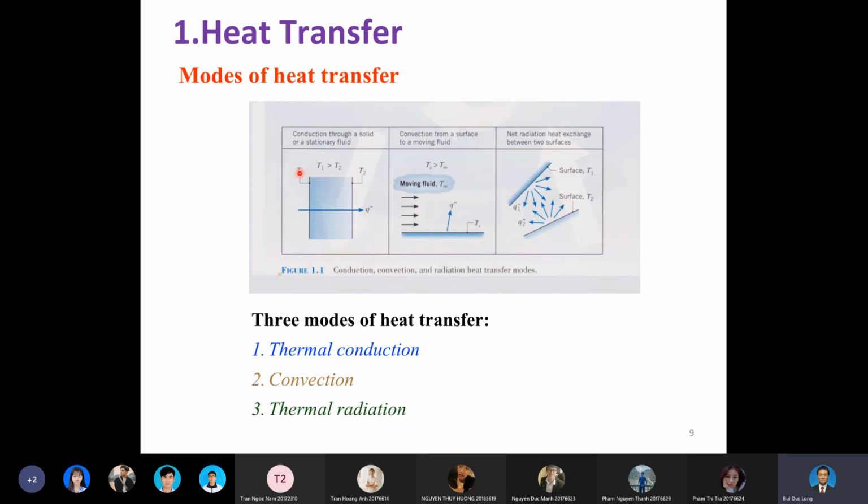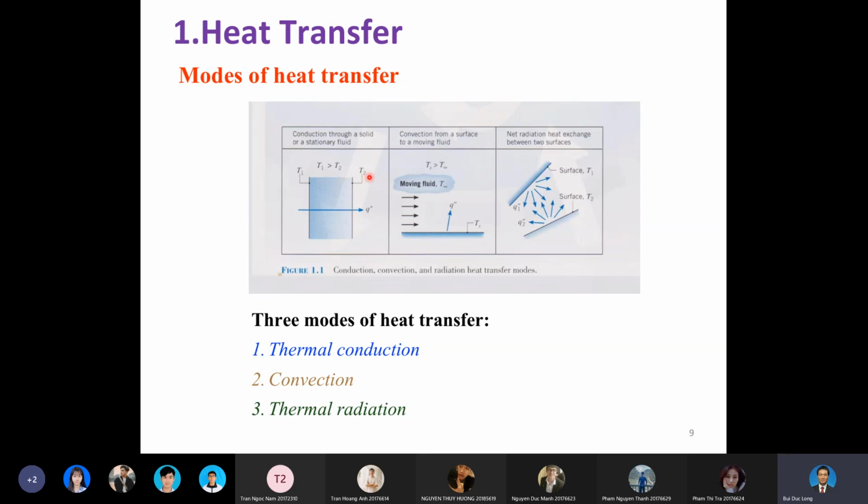On this side you have a temperature T1, and on this side you have a temperature T2, and T1 is higher than T2. So the heat transfer will take place from the T1 side to the T2 side. This vector indicates the direction of heat transfer. So this is the thermal conduction mode.